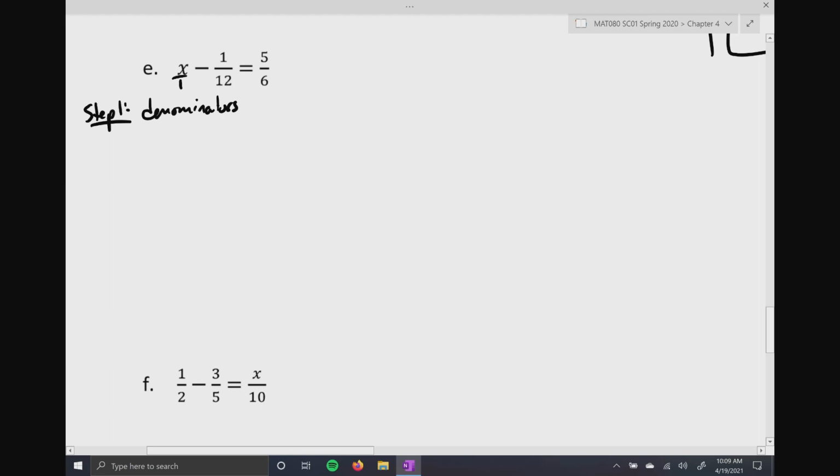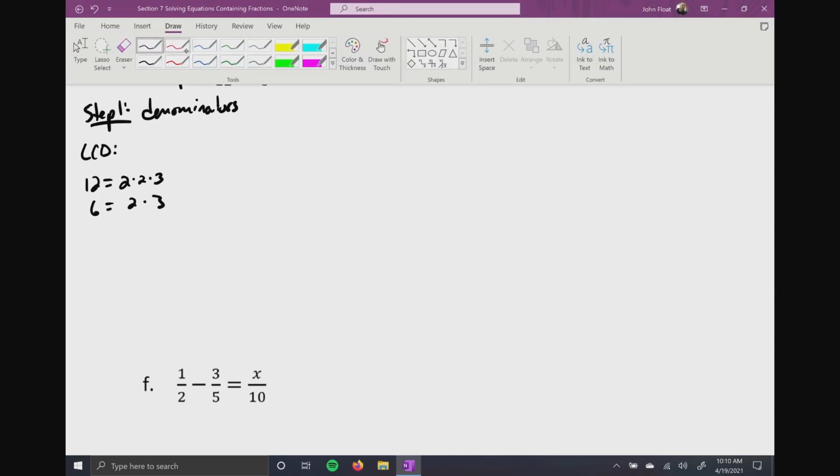To do that, we break down the prime factorizations. The LCD is going to have the multiplication of the different primes, and you want to look at the most. Inside that 12, you have 2 times 2 times 3.